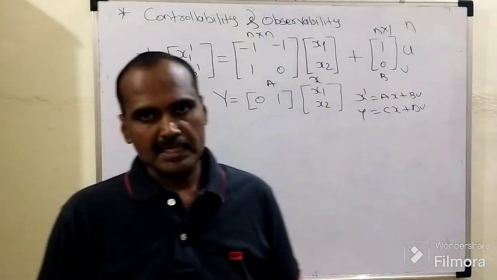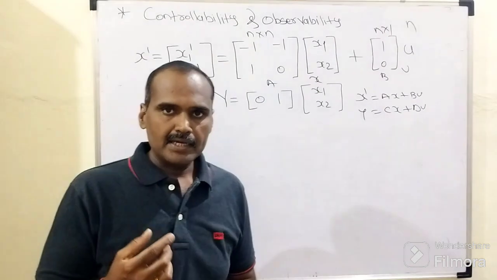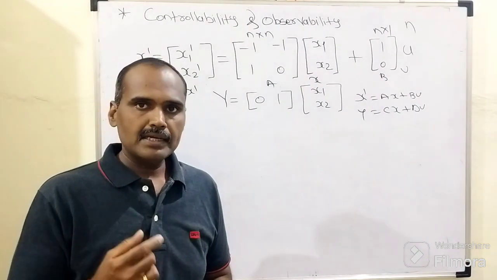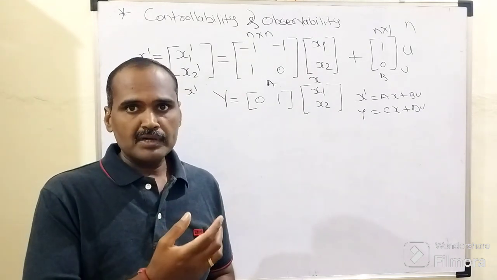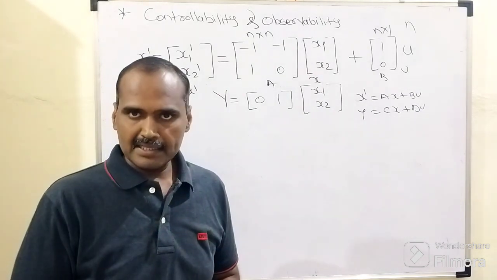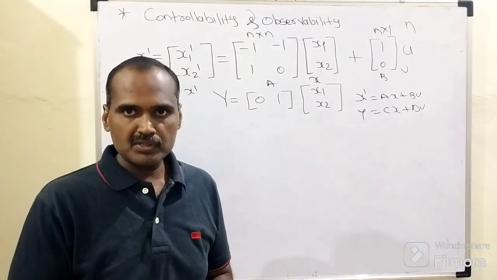So the answer for that question is, when it is possible to determine the initial state of that control system by observing its output at a certain interval of time, at that time that system is called an observable system.